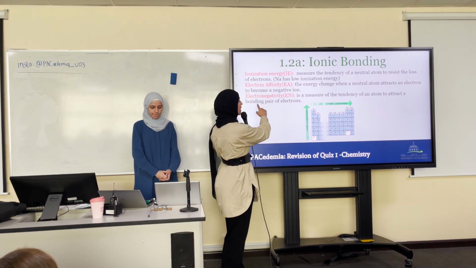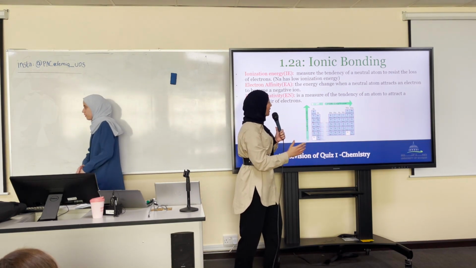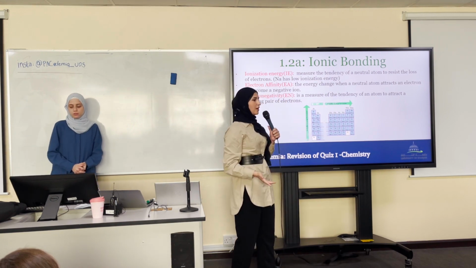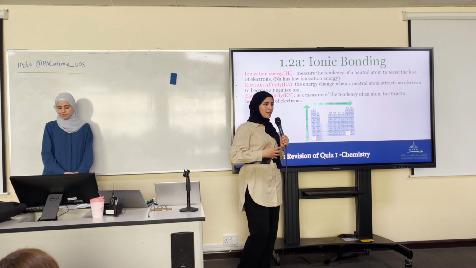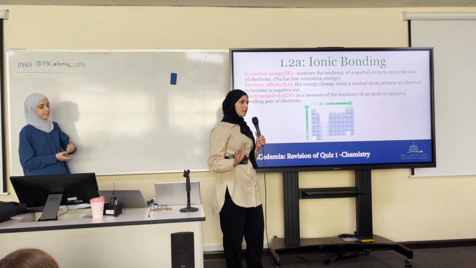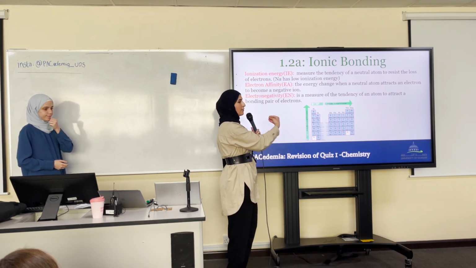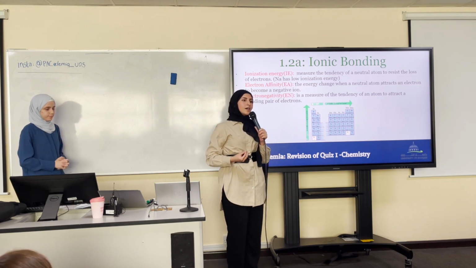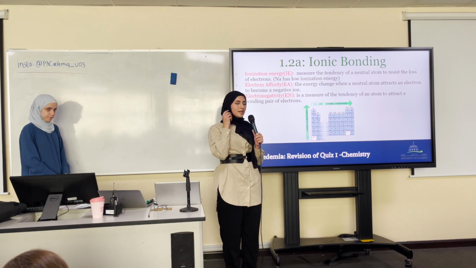Then we have electron affinity, which is the energy change when a neutral atom attracts an electron to become a negative ion. So when an atom gains an electron, energy is liberated, and this is called electron affinity. What's the difference between electron affinity and electronegativity? Electronegativity is a measurement of how much an atom can attract electrons.